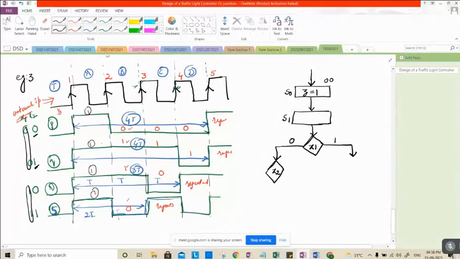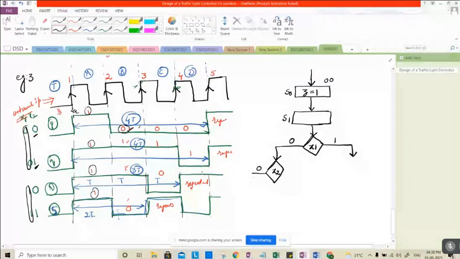Now tell me what is the output here. Whenever x2 is equal to 0, what is the output in the S1 state? 0, right? If x2 is equal to 0, output is equal to 0.